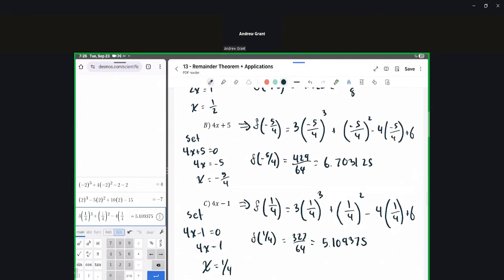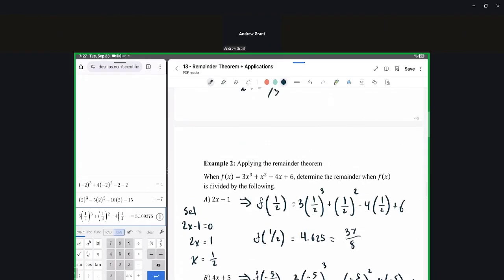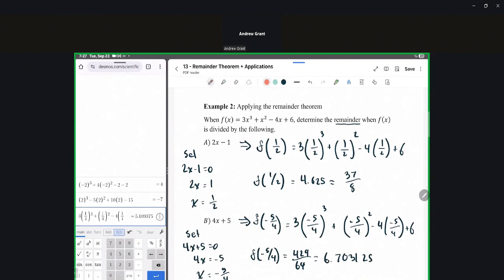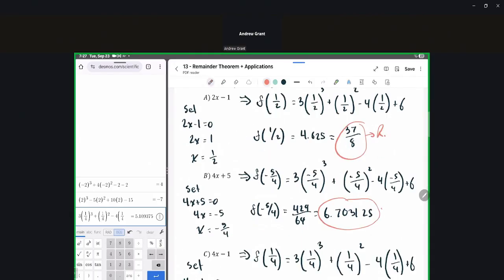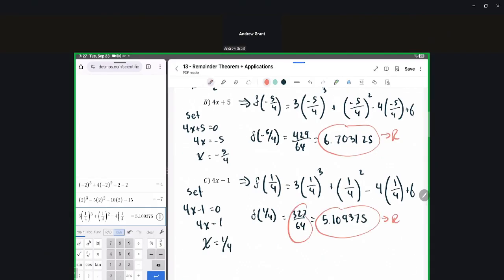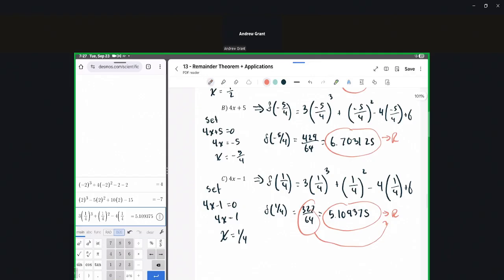So keep in mind, all of these determine a remainder. So this 37 over 8 is the remainder. This 6.7, whatever number, is the remainder. And you can use either the decimal or the fraction form if the question doesn't describe what to use. Okay, let's continue on.